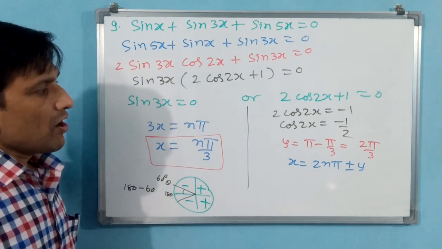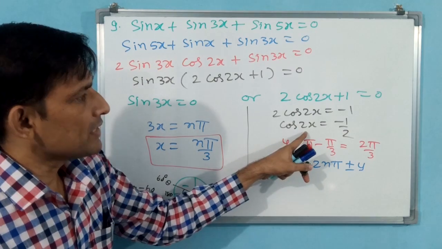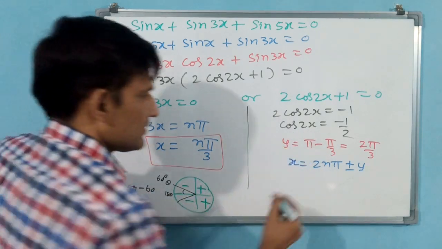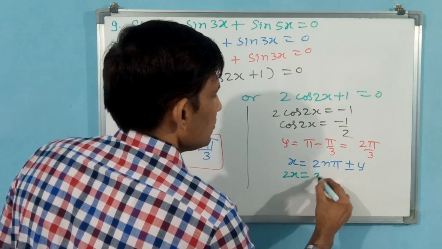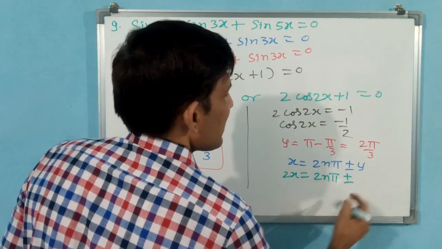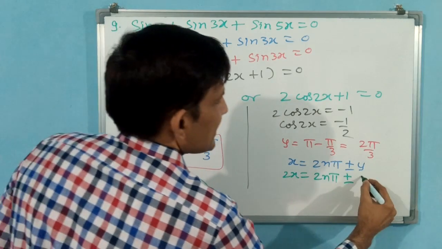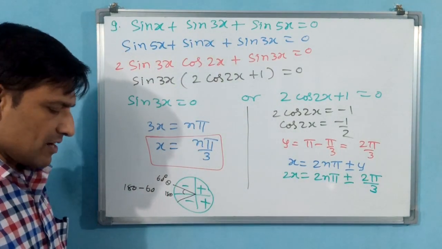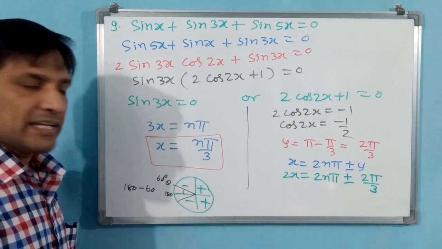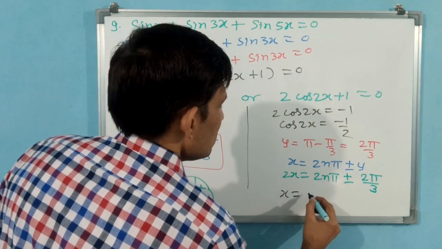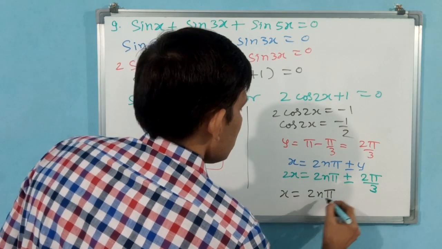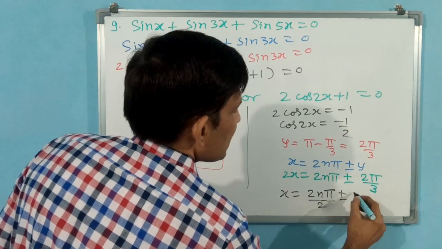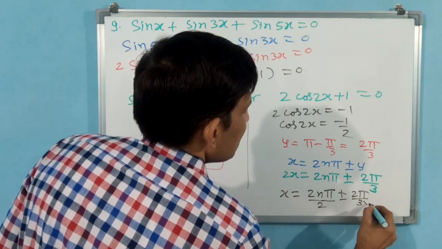Now here you see x is 2x. Observe carefully. Here theta is 2x. Write 2x. 2x is equal to 2n pi plus or minus y, which is 2 pi by 3. But we want x, not 2x. Then again convert it into x. x is equal to 2n pi by 2 plus or minus 2 pi by 3 by 2.